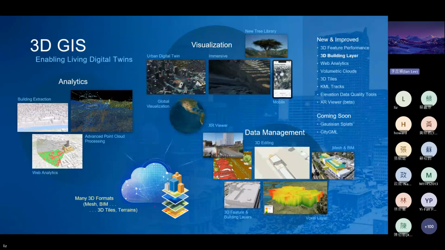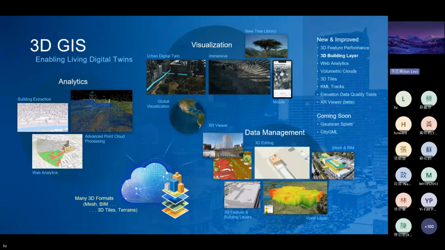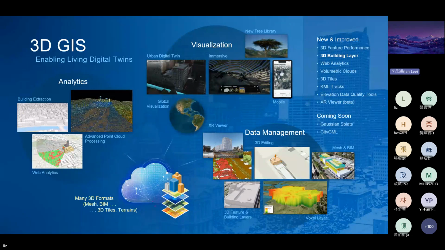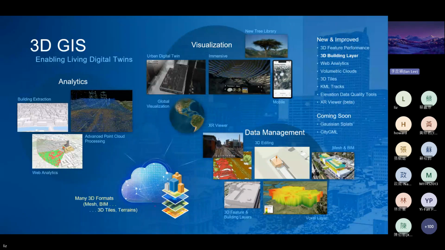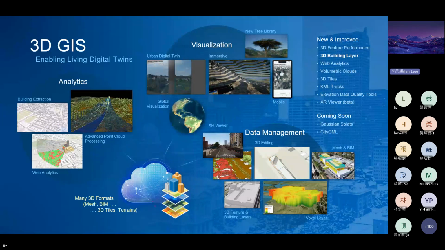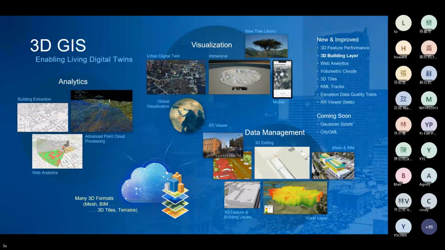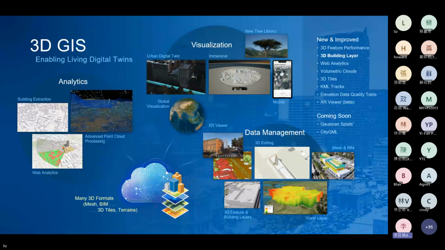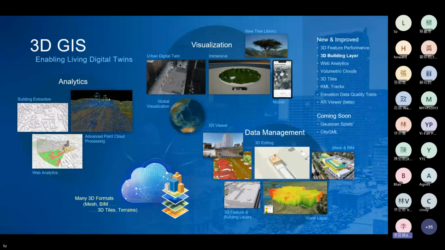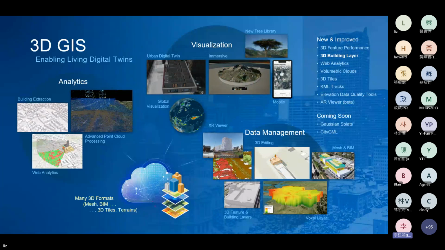So now you can also perform advanced analytics and exploratory analysis in the browser. For visualization, we are introducing the XR viewer, so we have Map Viewer for 2D maps, Scene Viewer for 3D scenes, and now you can take the same 3D scenes and view them in a more immersive experience with the XR viewer.